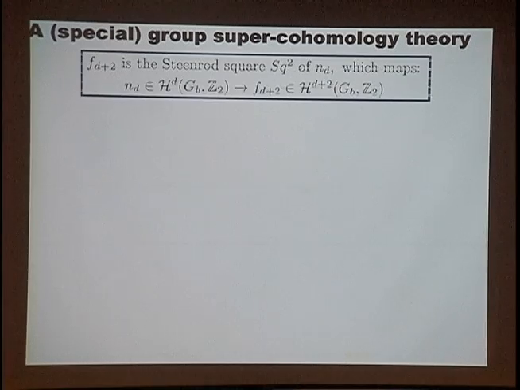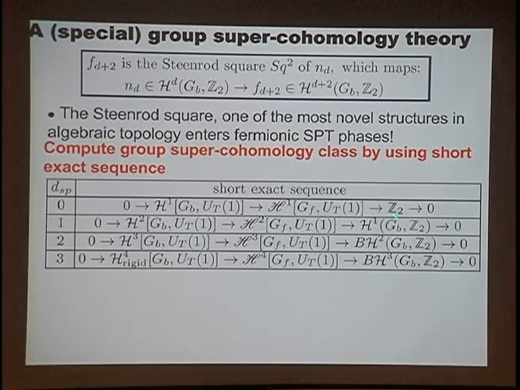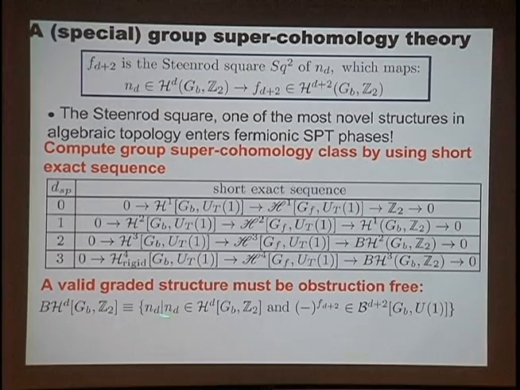So that's why this graded structure should be a subgroup of H^D(G, Z2). It's a subgroup, what we call the obstruction-free subgroup. With such a graded structure, it's valid. Then we are able to make a central extension of this original bosonic cohomology class, which is like a normal subgroup.